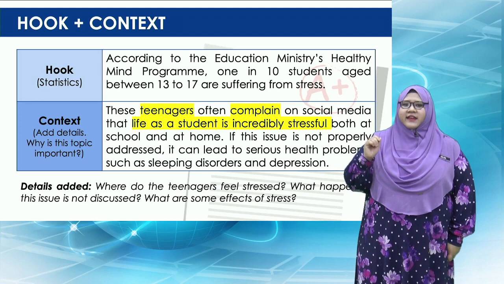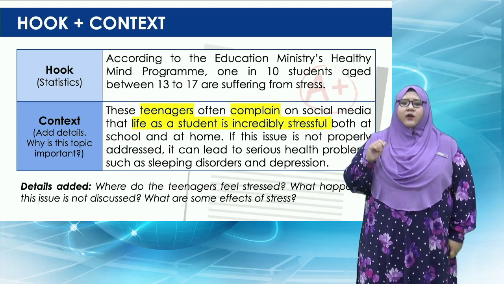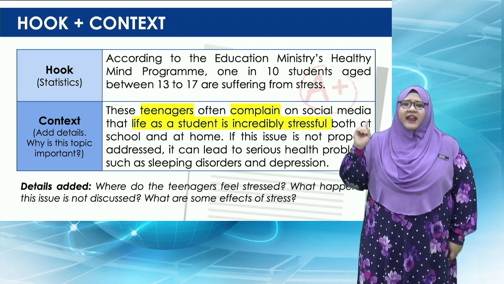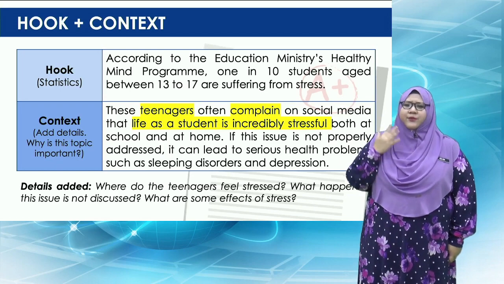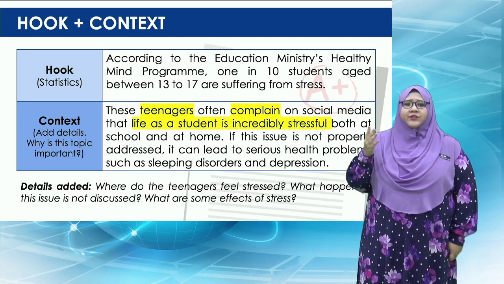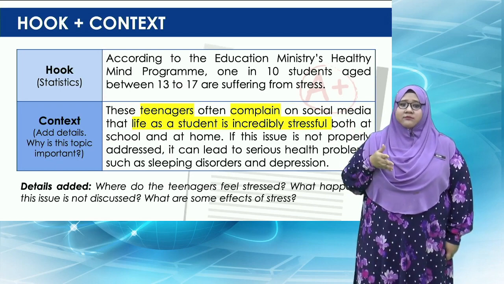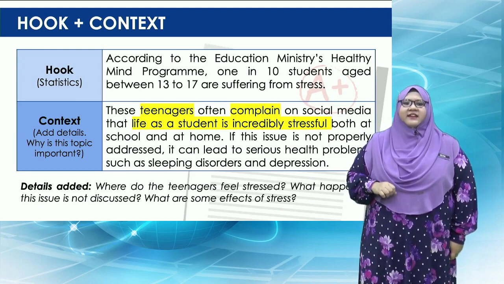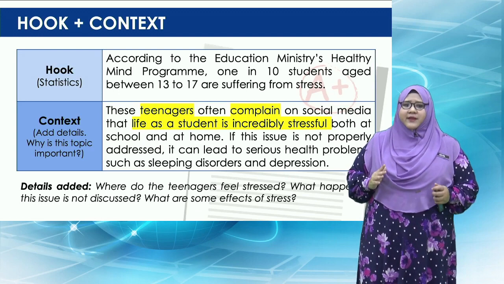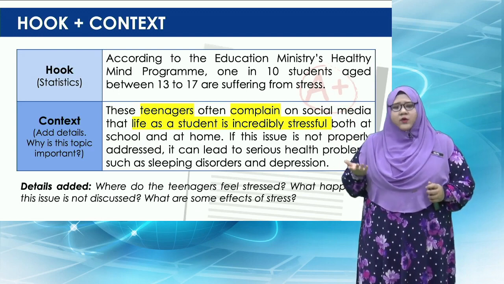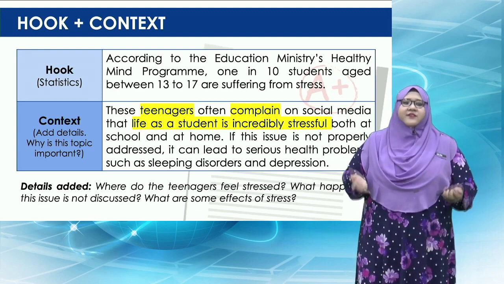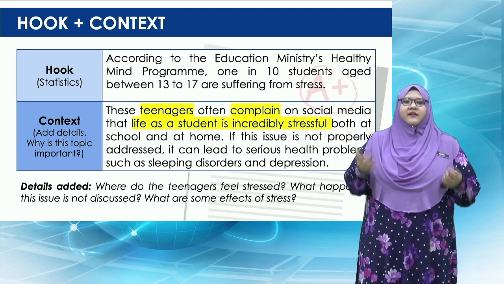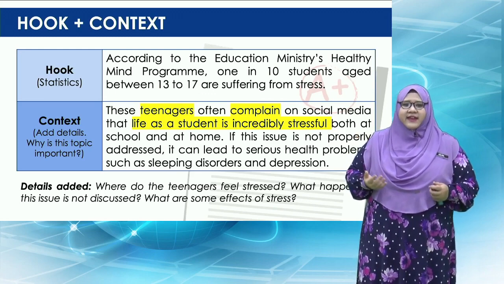Okay, so these teenagers often complain on social media that life as a student is incredibly stressful, both at school and at home. If this issue is not properly addressed, it can lead to a serious health problem, such as sleeping disorders and depression. So the details added here, where do the teenagers feel stressed?